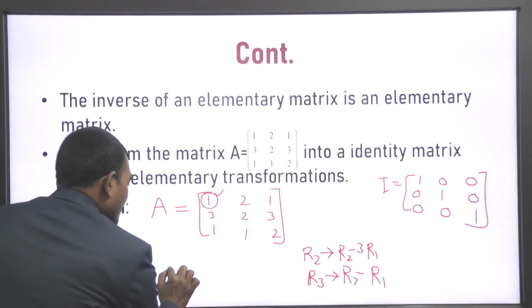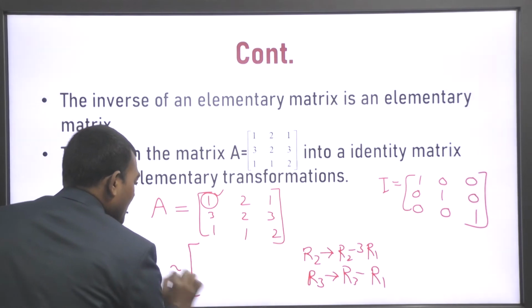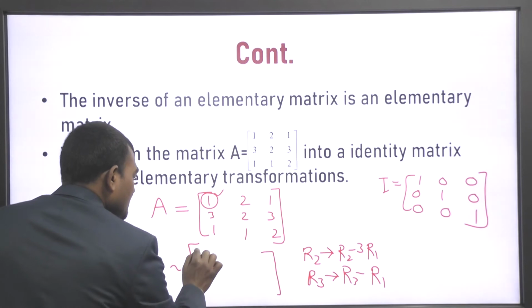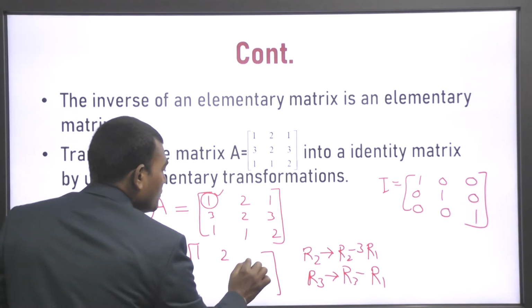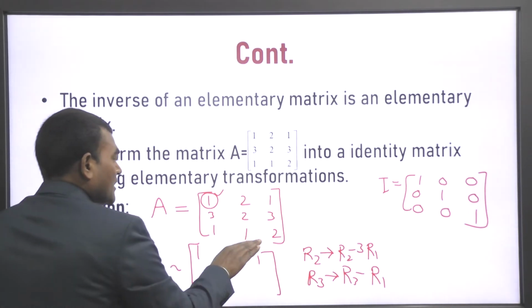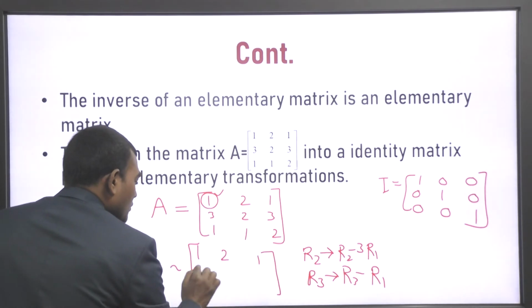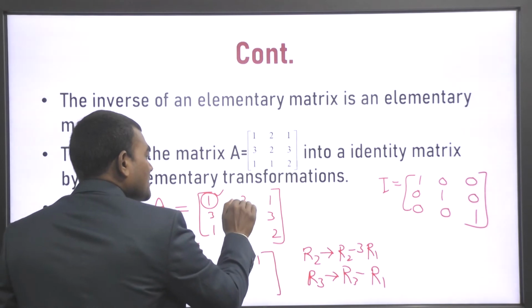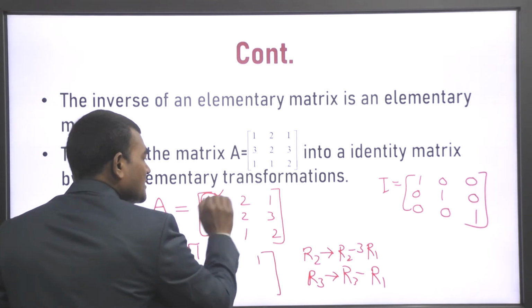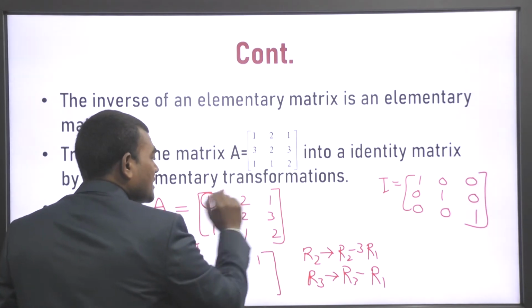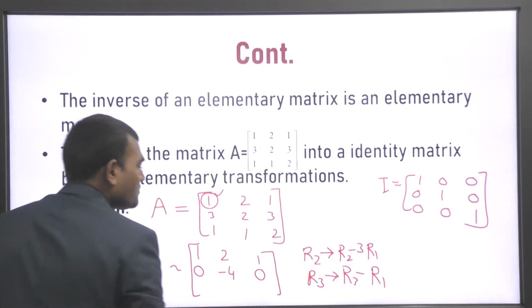Then we will get an equivalent matrix. The first row will not change, that is 1 2 1. The second row will change: 3 minus 3 is 0, 2 minus 3 into 2 means minus 4, 3 minus 3 is again 0.